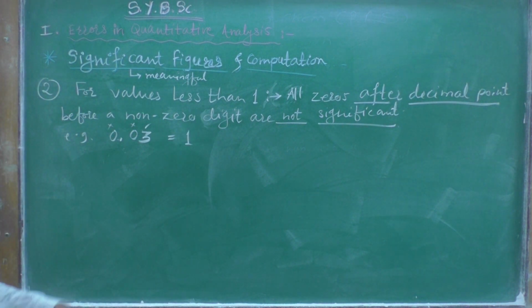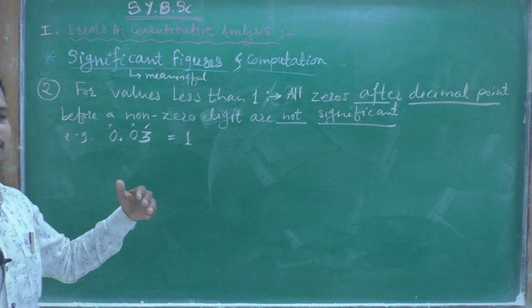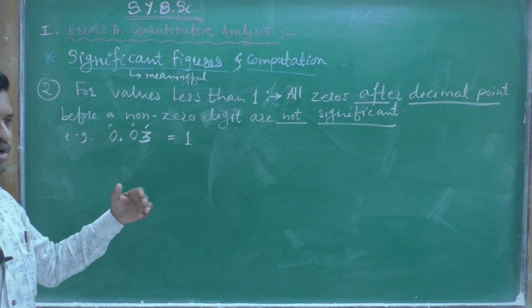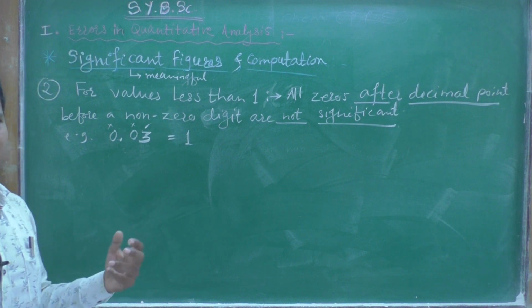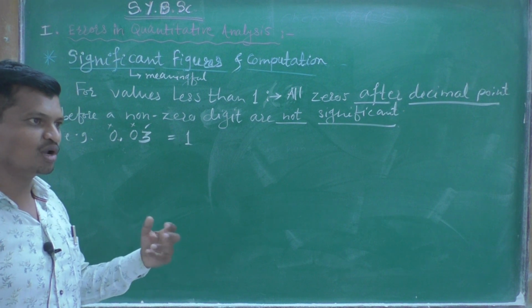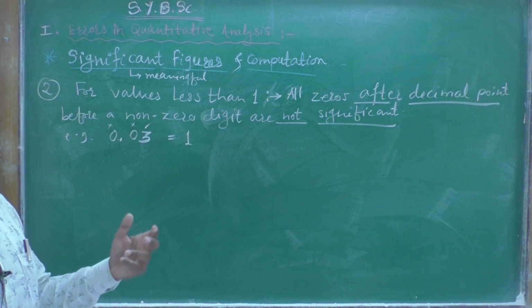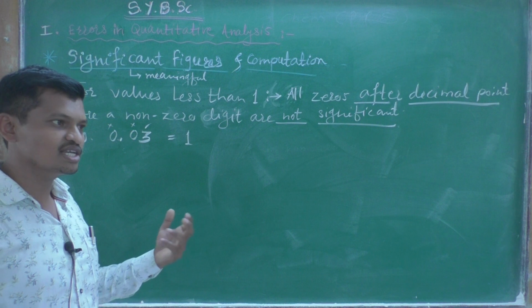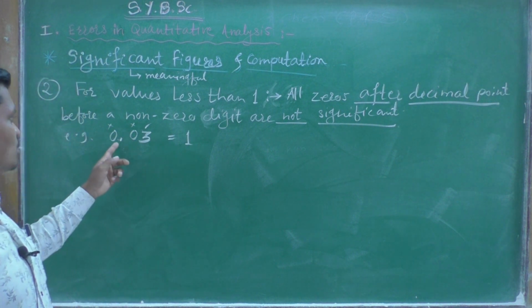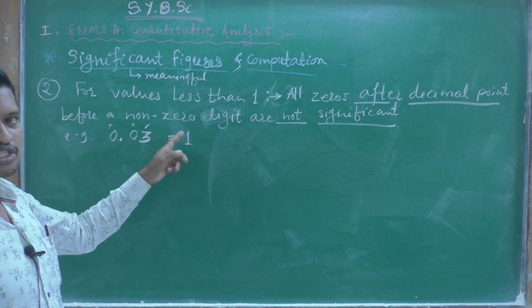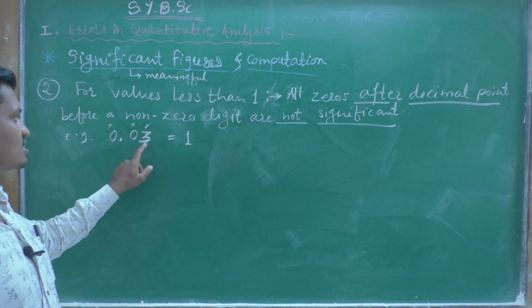Got it? Okay, by practice you can do it very fast. This session requires practice. If you do it in a number of ways, then it is very easy to understand the concept.